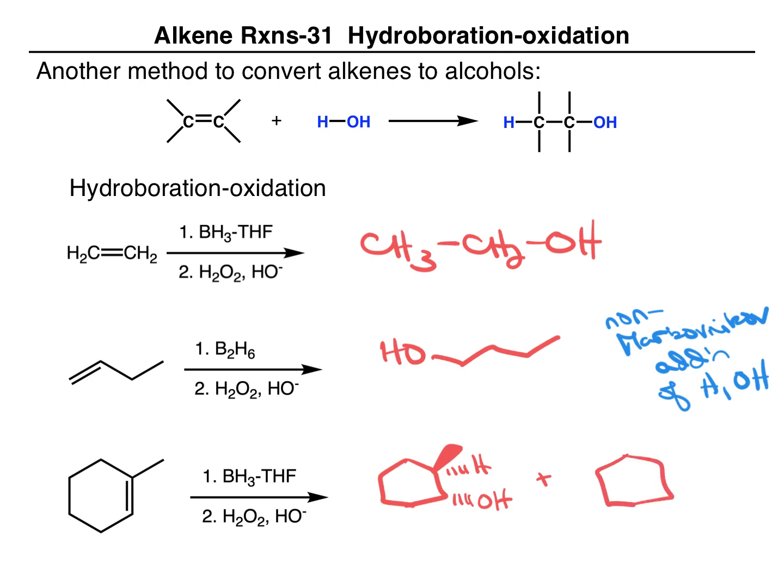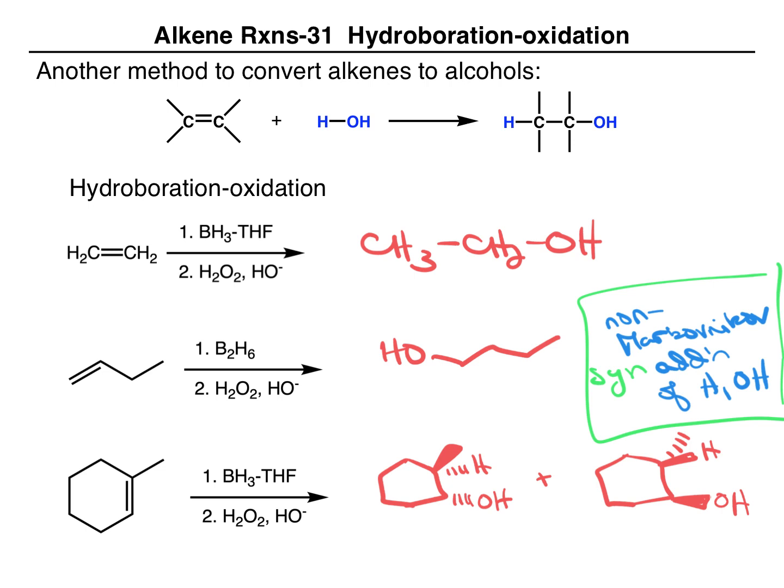And we will get addition to the other face so that our hydrogen is in front and our OH is also in front. Hydroboration oxidation gives us non-Markovnikov and syn addition of H and OH.